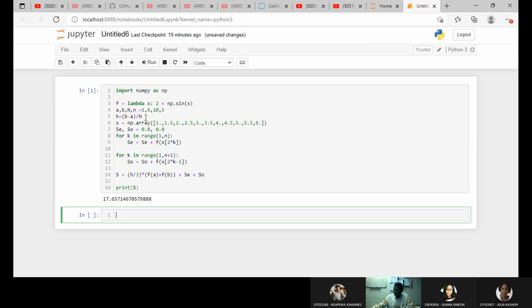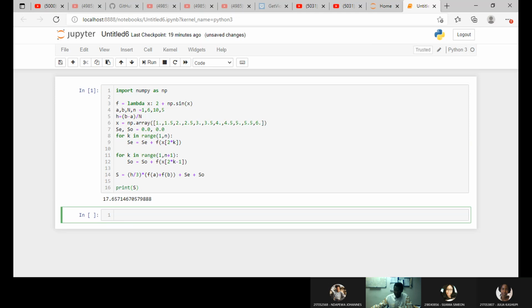The limit of integration is from 1 to 6, right? Let's make sure that is correct. The limit of integration is from 1 to 6. So A is 1, B is 6, capital N, number of subdivisions, is 10. And N itself is 5 because it's divided by 2.